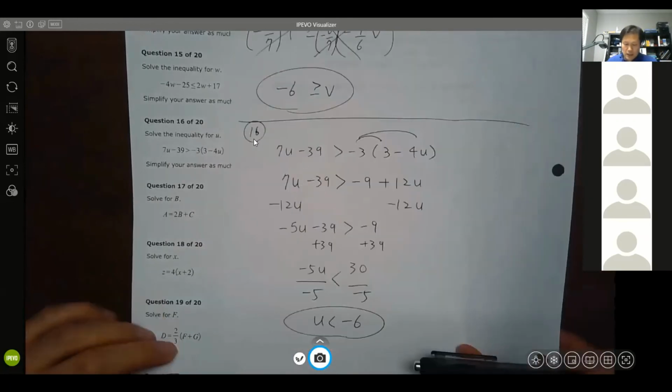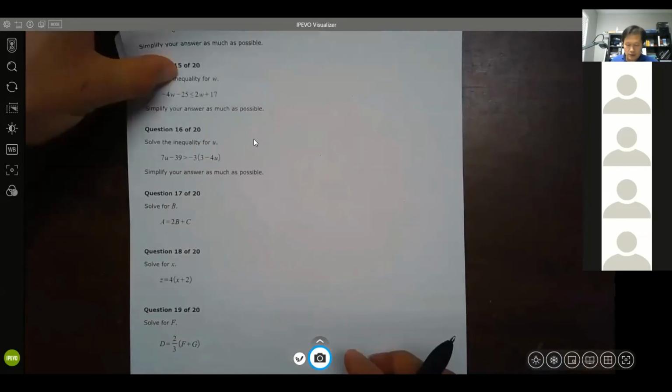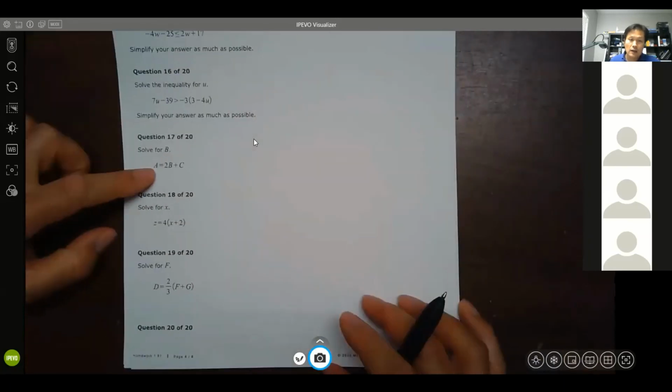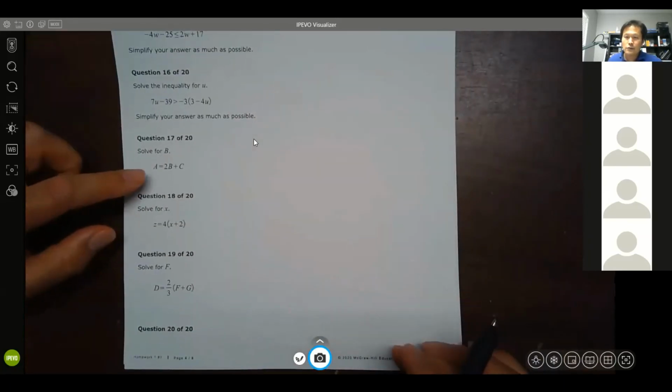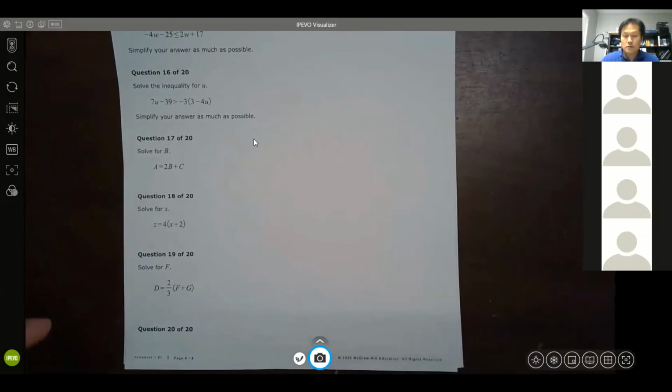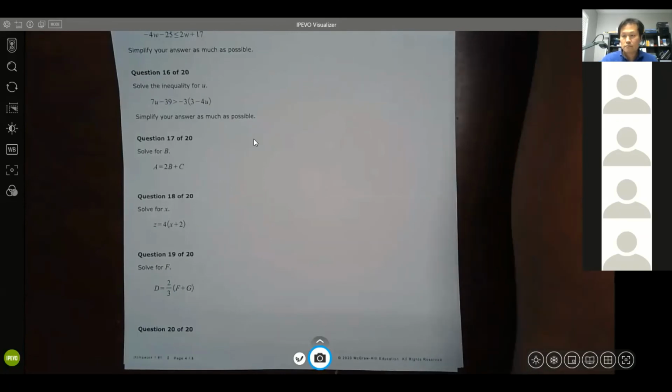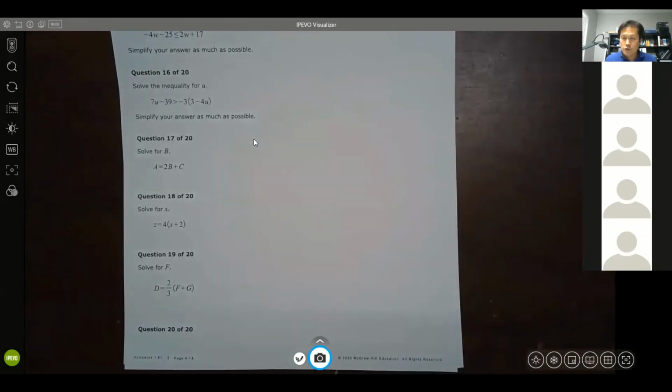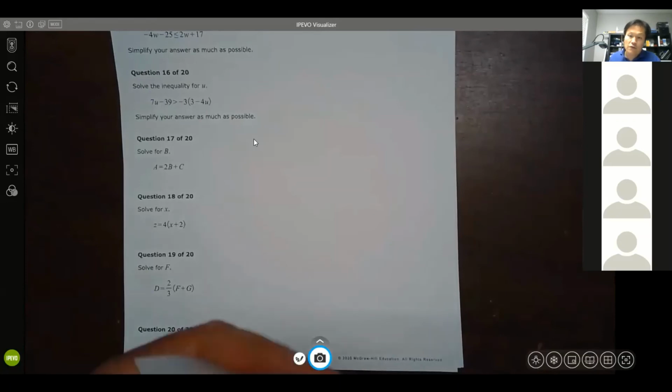Okay, guys, I want you to try 17. I lose you on this style: solving for a variable in an equation. A number of you make a mistake dealing with a variable.